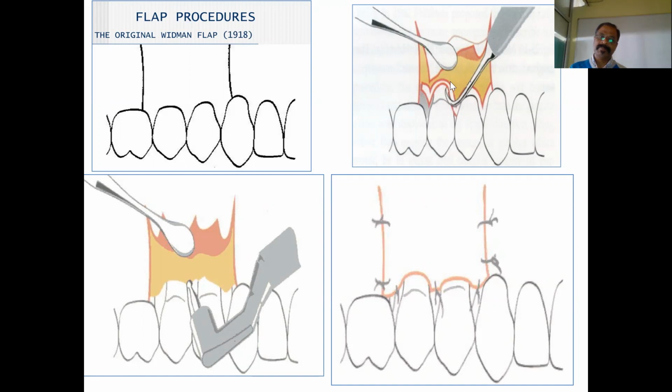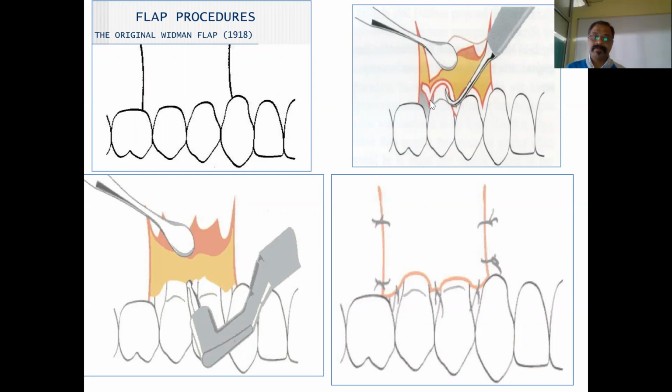When you see here, the incision is placed here, 1 to 2 millimeters away from the gingival margin. The internal bevel incision is placed aiming at the crest of the bone. So that is the first incision. Once the first incision is given, you see here, this flap is raised.